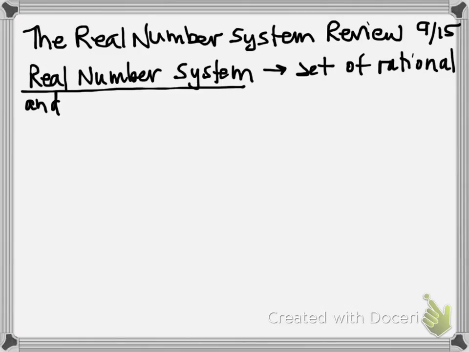Irrational. Set of rational and irrational numbers. So every number that you have studied falls under the real number system. There is one more system that you will learn, and it's called the imaginary system. And that's the one that allows you to take square roots of negatives. Okay?